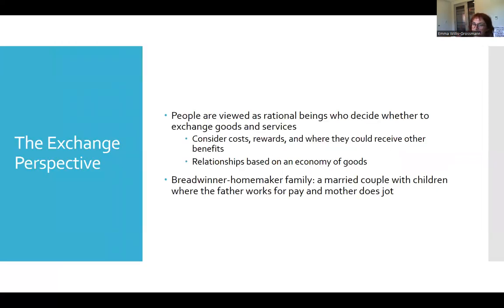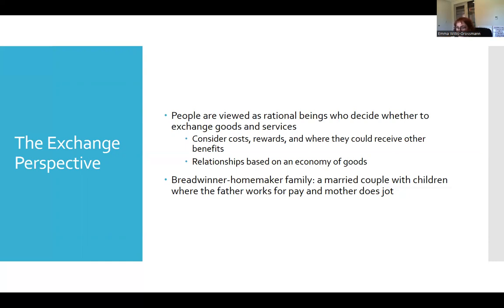All right. So our first theory is exchange theory, and it emerged originally from economics theories, but it's been applied to how we understand relationships and how they function. So this theory argues that people are rational beings who decide whether or not to exchange goods and services with others. So goods and services doesn't necessarily mean like work or trade.